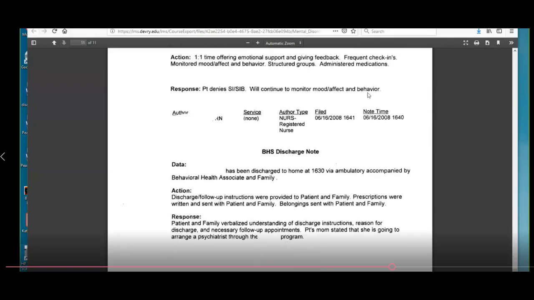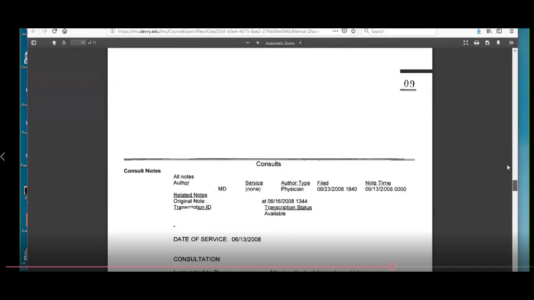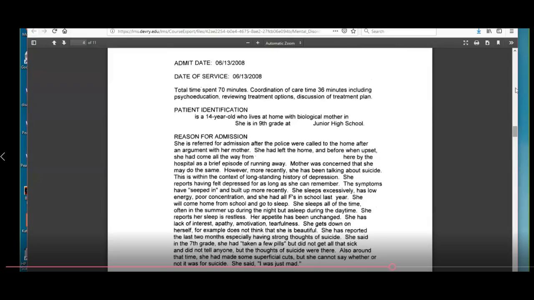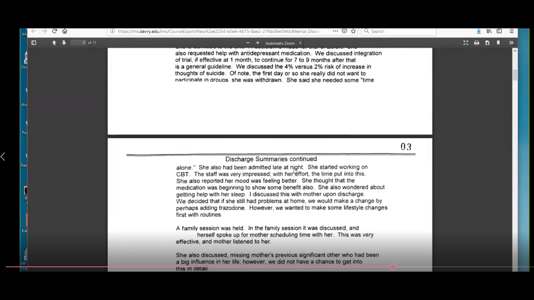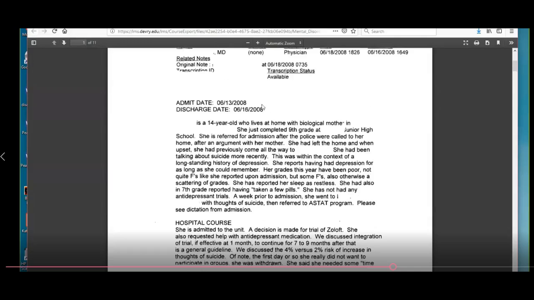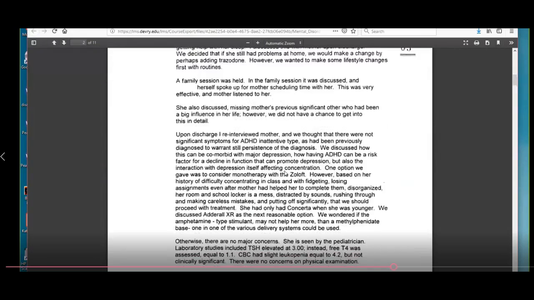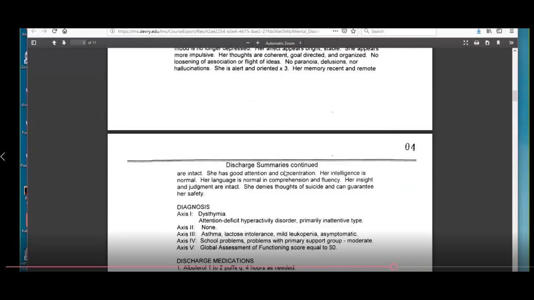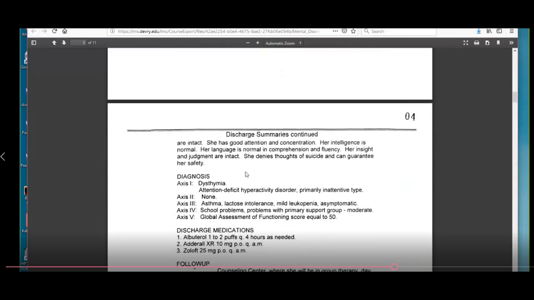Okay, so now go back to the discharge summary and just rescan it to see what you need to code. So if we come to our discharge diagnoses, we're going to code the dysthymia, and then our patient had the ADHD.